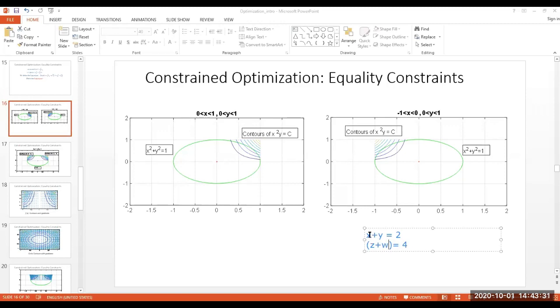One line is x plus y equals 2. Another straight line is z plus w equals 4. Now, if they are linearly dependent, how do you check it? How do you express them?